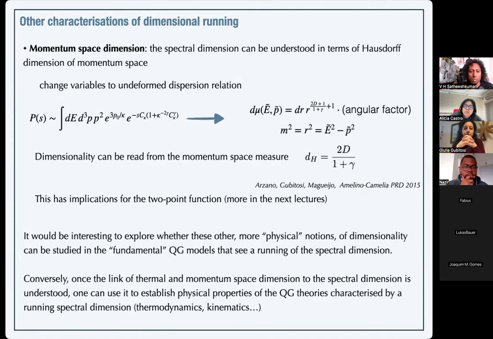And on the other hand, one can also do the converse. If one has this link established in a robust way, then one can use observationally established properties about the momentum space to go back and see which of the theories is capable of reproducing the appropriate, say, running of the spectral dimension, okay? And I think this is a good way to stop now for today.